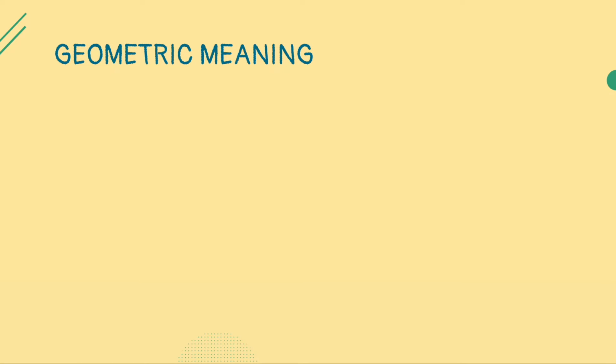Now we'll discuss the geometric meaning of the vector cross product. This is going to be a rather long proof as to where the geometric meaning of the vector cross product's definition comes from, but it'll be worth it, trust me.